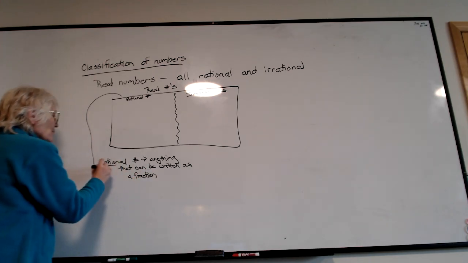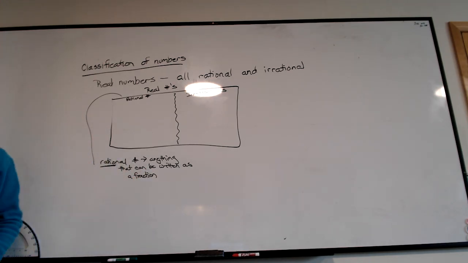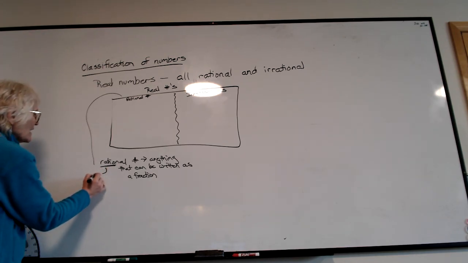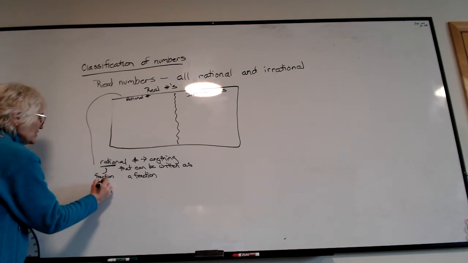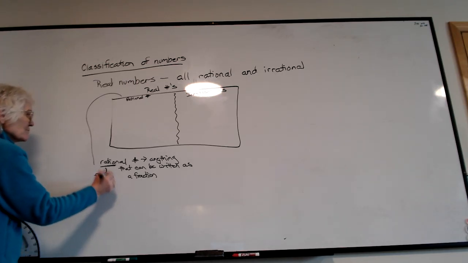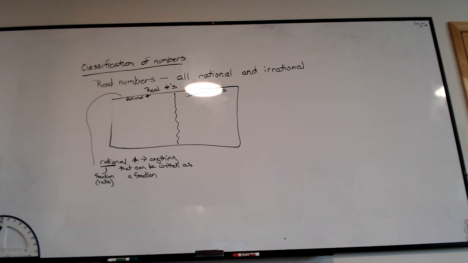Now, I'll give you where rational comes from. It's really coming from ratio. A ratio is just a type of fraction. So this really means fraction. That's anything that can be written as a fraction.